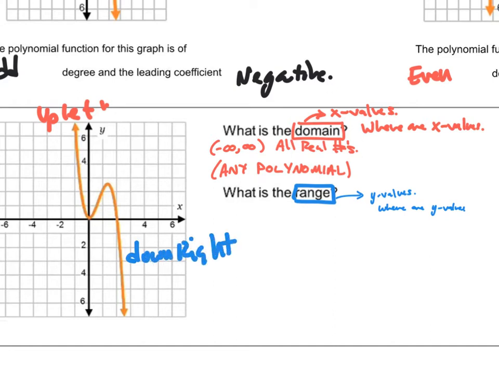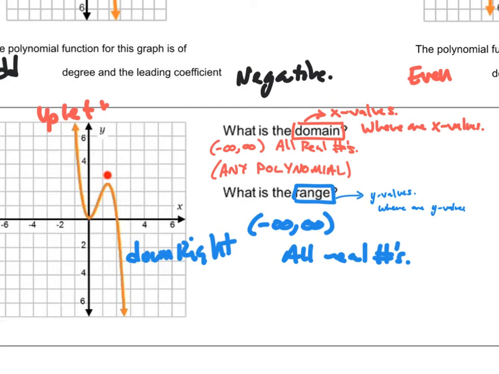All right. So what we know is that the y values, from bottom to top, go from negative infinity to positive infinity. So we get something really similar here, negative infinity to positive infinity, and that's all real numbers as well. When we had any polynomial, we knew our domain goes from negative infinity to positive infinity.